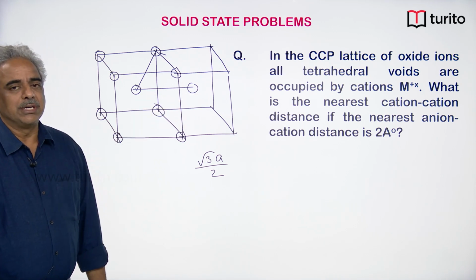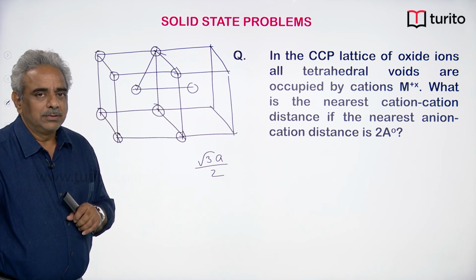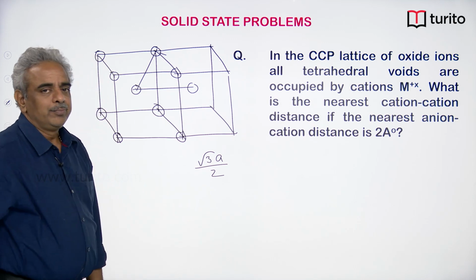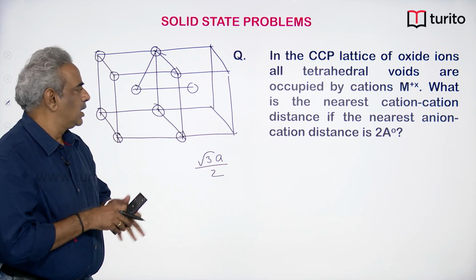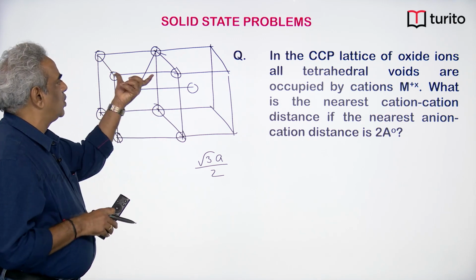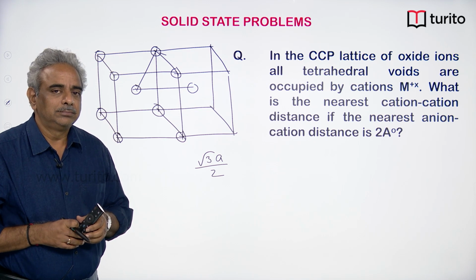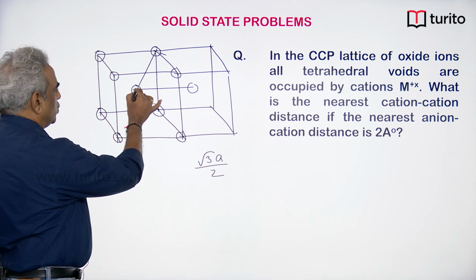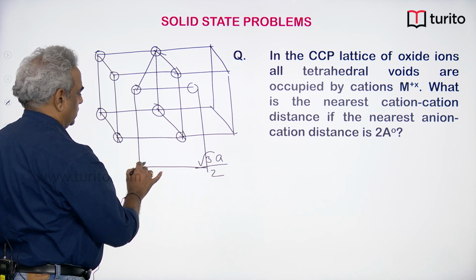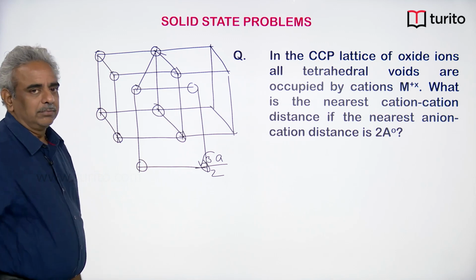Now, what is the distance between two body centers? Actually you can draw one more cube like this. So, obviously you understand the length between two body centers is again the edge length only, because suppose you extend this like this, one more, this becomes body center.